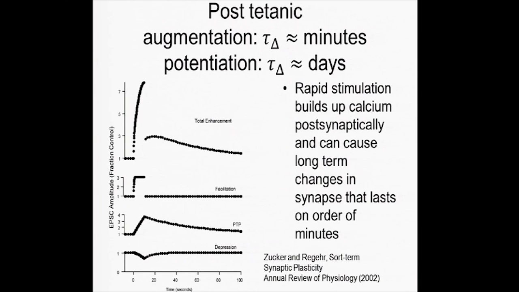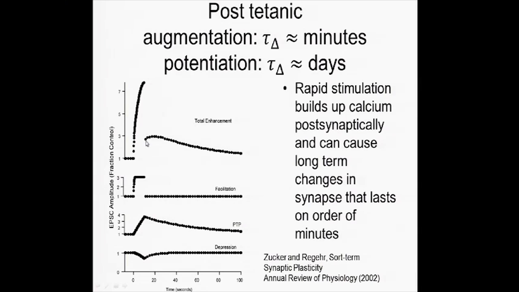So here's an example where we're stimulating very, very quickly, and we look at the size of the synaptic inputs postsynaptically. Here, maybe we're stimulating once a second, so we get an average, and we scale that to 1. We start stimulating very quickly and we get a rapid increase in the size of the EPSPs, and then we go back to stimulating once a second.